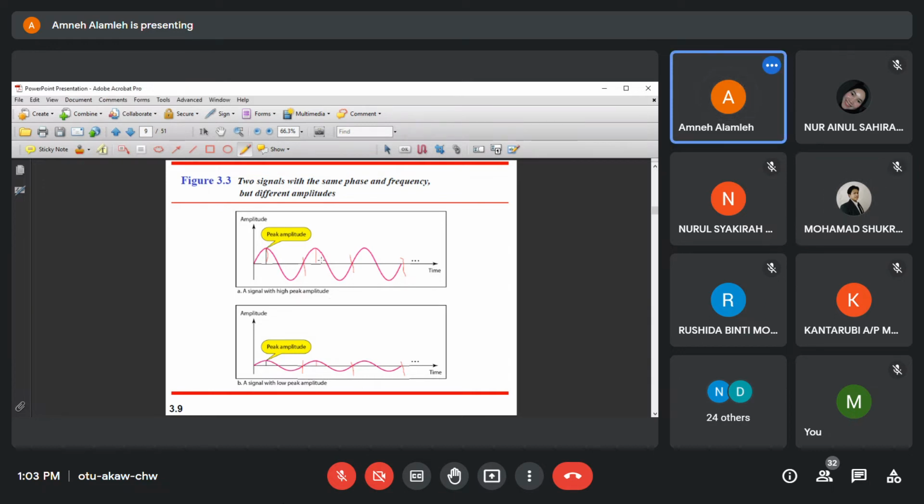It is the peak, which is the height of the wave. So different waves have different amplitude. Amplitude is the peak. It's a concept, an attribute for the wave. The signal has a frequency, has amplitude, and has time.